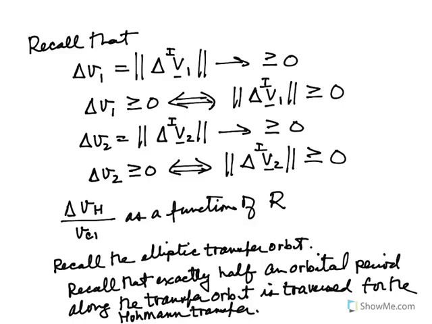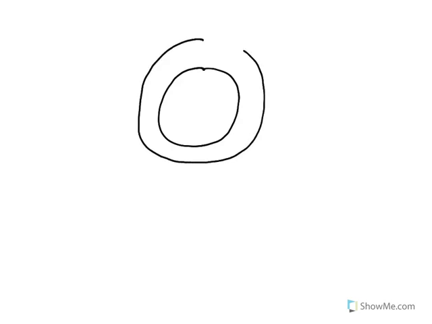So as a result, the picture, of course, once again looks like the same picture we've drawn several times, but we might as well draw it again just to make sure. It looks as so. So what is the time required for the Hohmann transfer? This is the elliptic transfer orbit.